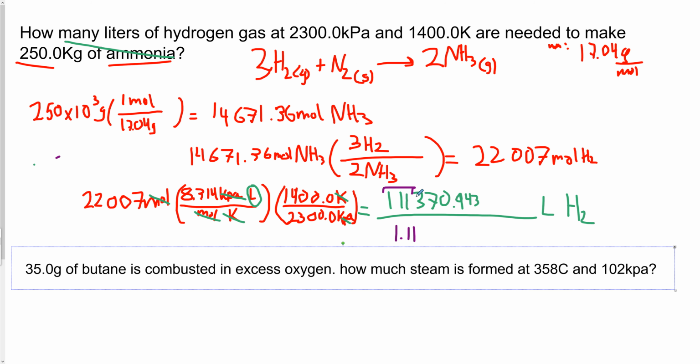So I go 1.11 times 10 to the something liters of H2. So here's where my decimal is in the answer. So I just have to walk the decimal in purple all the way to where the decimal in green is. So 1, 2, 3, 4, 5. So 1.11 times 10 to the power of 5 liters of H2.